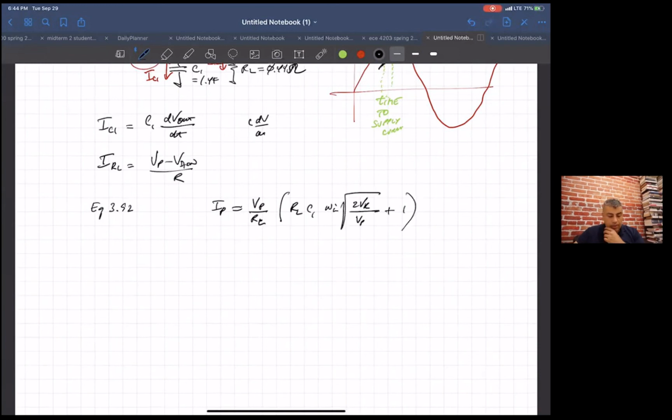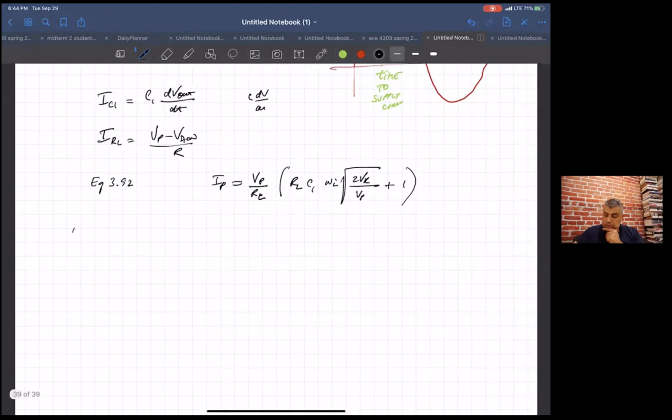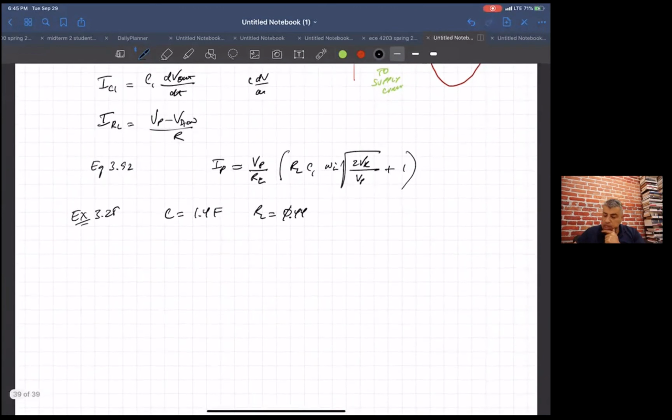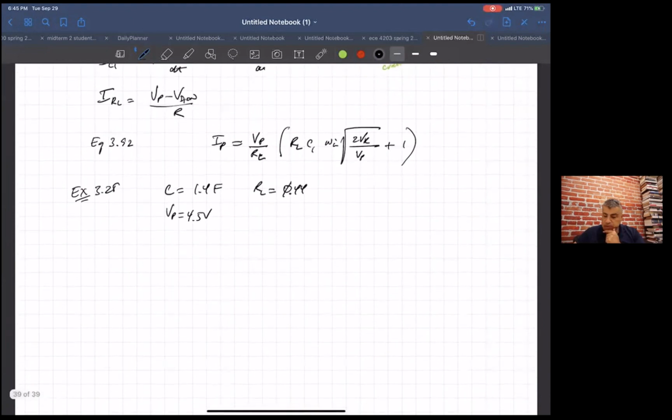Okay, but so if I just take example 3.28. For that circuit, we had a C of 1.4 farads, an R sub L of 0.44, a peak voltage of 4.5 volts, and we had F in of 60 hertz.